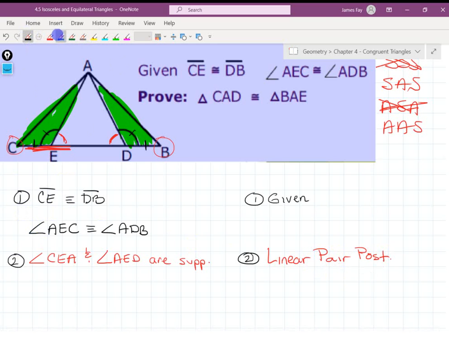Okay. Can you then say the exact same thing on the right-hand side over here? Yeah. Okay, so I'm going to say angle BDA and angle ADE are supplementary, and it's still because they're a linear pair.